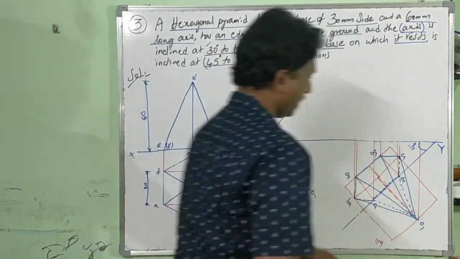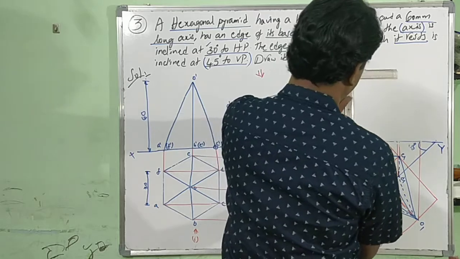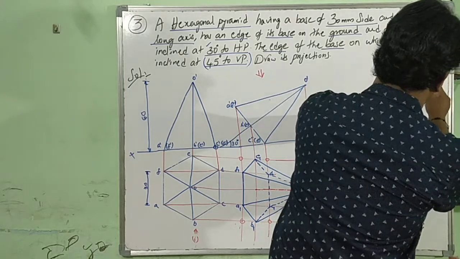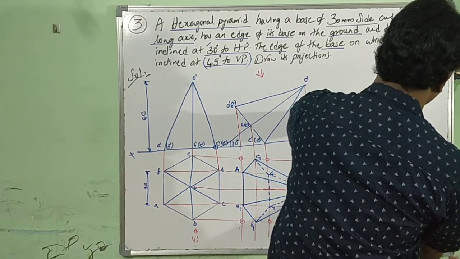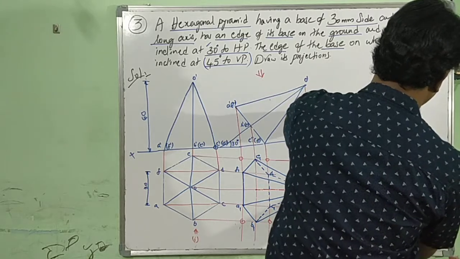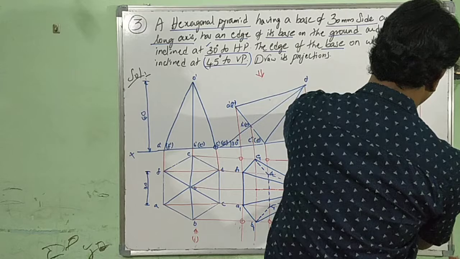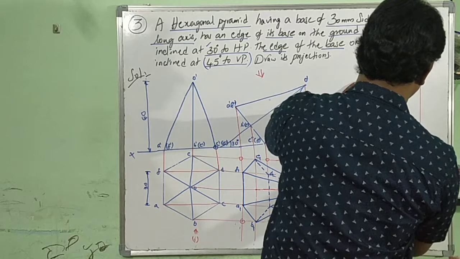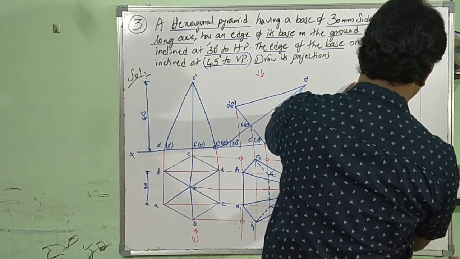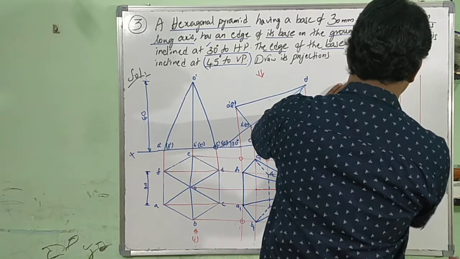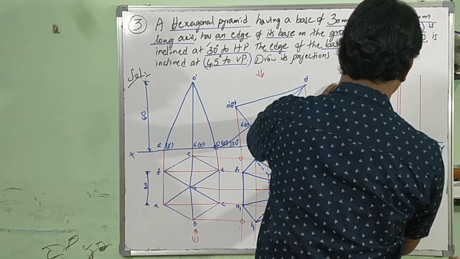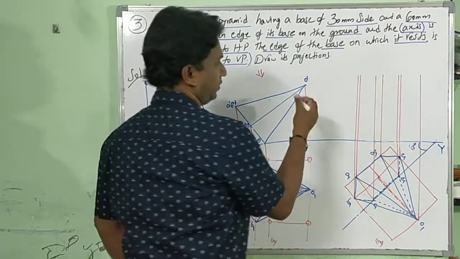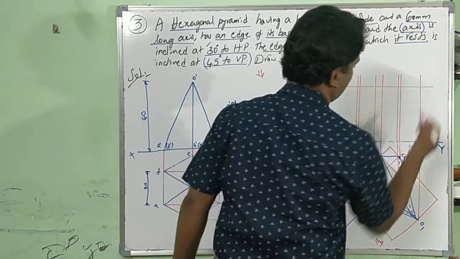I can draw the same lines up to here. Same lines. Now from here, O dash horizontal.